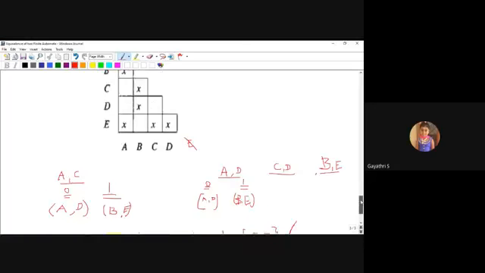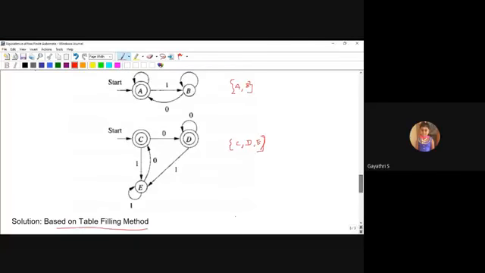AD pair, AD is also unmarked, and BE is also unmarked. Since AD is unmarked, CD on 0, 1, BE on 0, 1. BD.